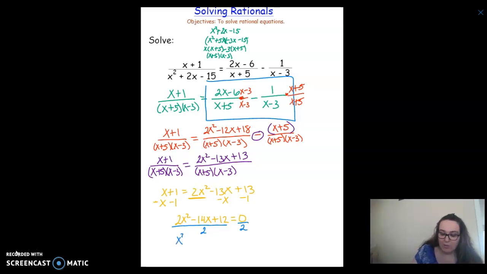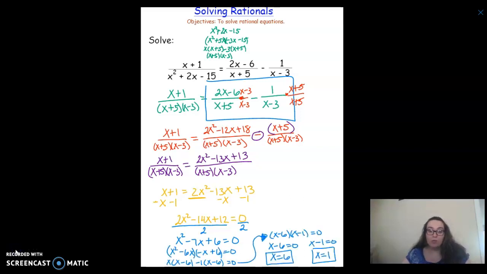So that I have x squared minus 7x plus 6 equals 0. Hey, I want you to factor that on that left-hand side and get your values of x. All right, once you solve it, you should get those 2 values. x is 6. And x is 1.